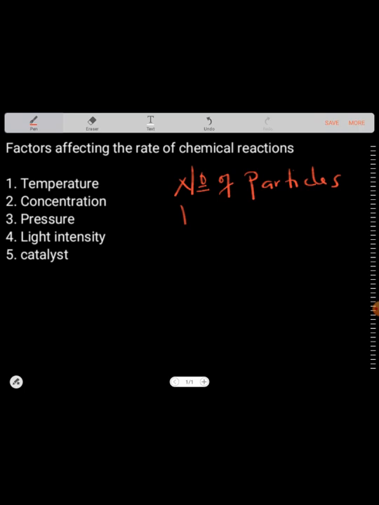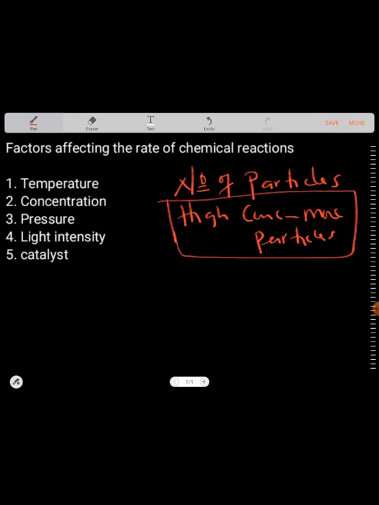So, at high concentration, there are more particles. Since there are more particles, according to the law of effective collision, the more the particles, the more they collide. So there's effective collision taking place here.